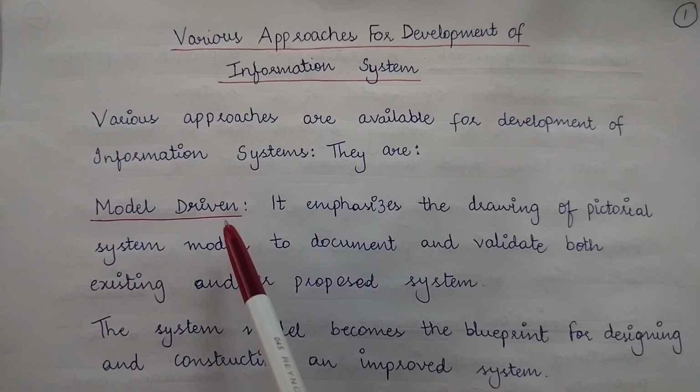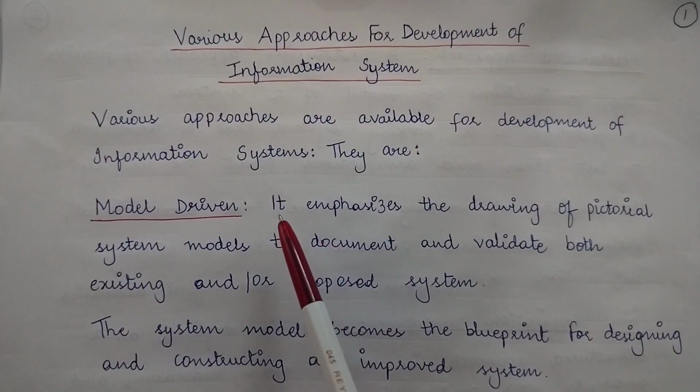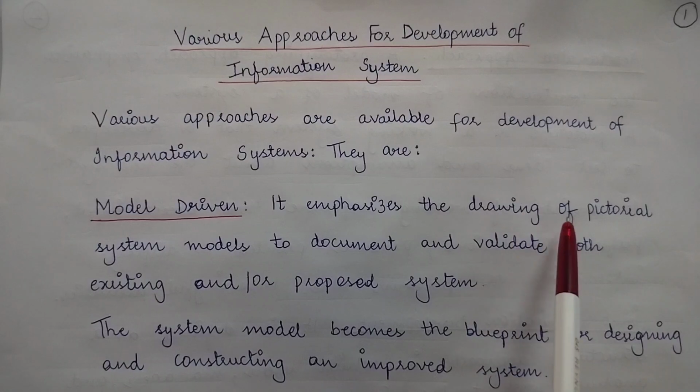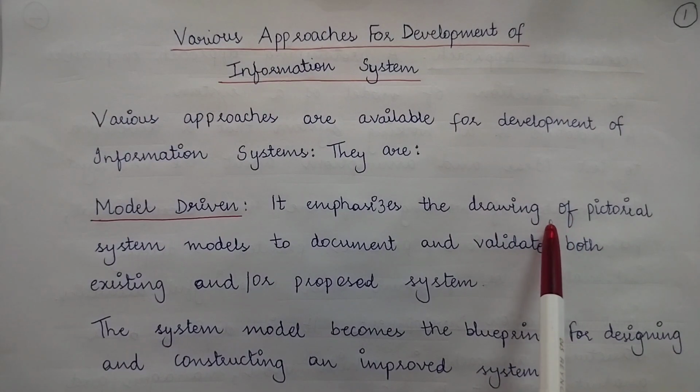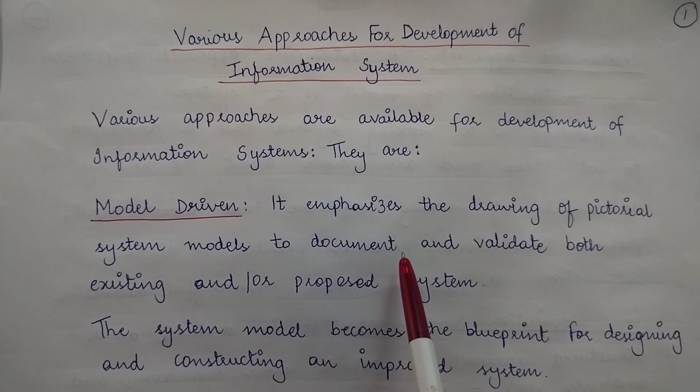And these approaches are, the first approach is a model-driven approach. The model-driven approach emphasizes drawing of pictures. So basically it is a pictorial system model wherein you draw pictures to document and validate both the existing or proposed system, whether it is an existing system or a proposed system.